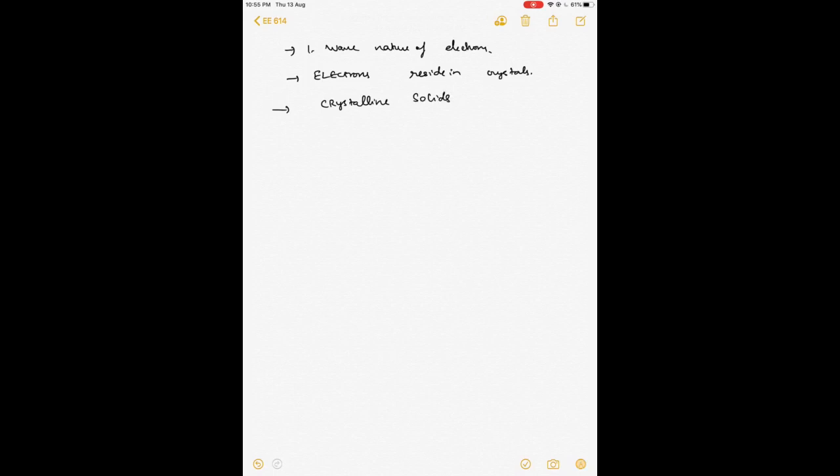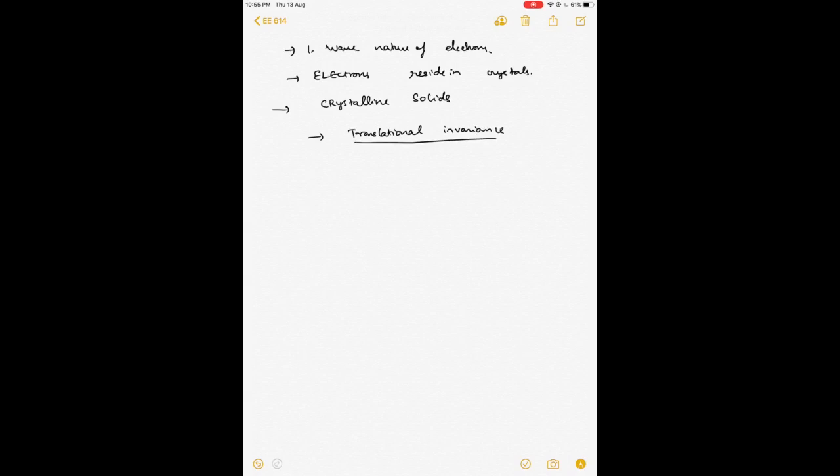We go with crystalline solids because in the study of solids this is the easiest, because we assume there is periodicity. What is periodicity? Periodicity is translational invariance of the atoms.